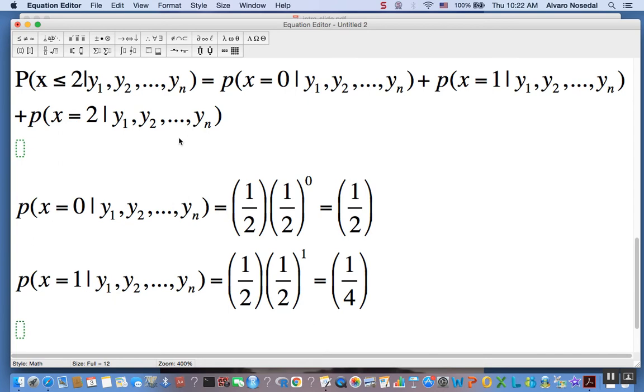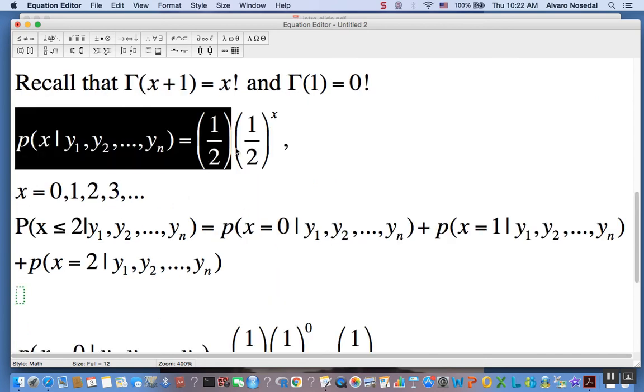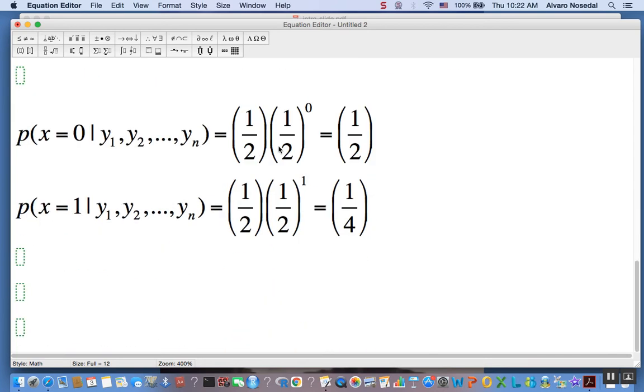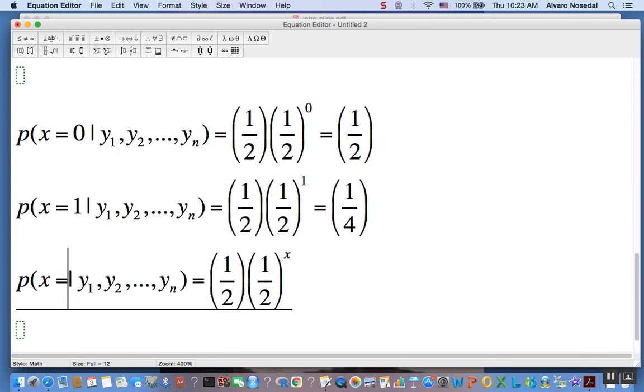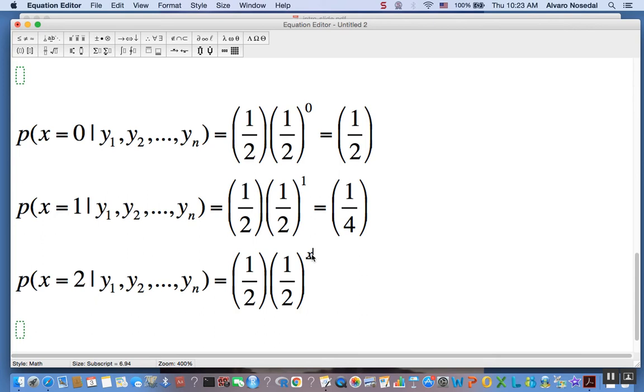And the next one is going to be evaluated at 2, right? So we have 1/4 times 1/2, so that's 1/8. And finally, what we need is the sum of these three terms, right?